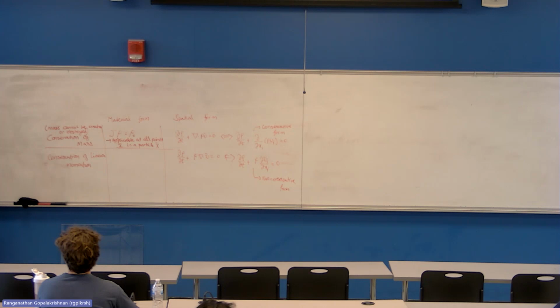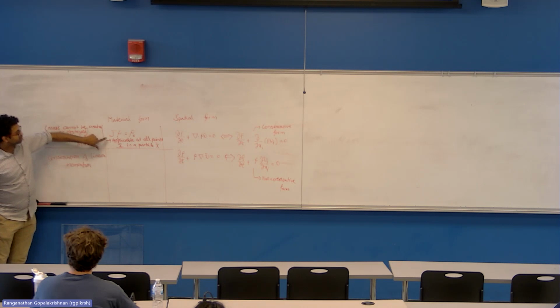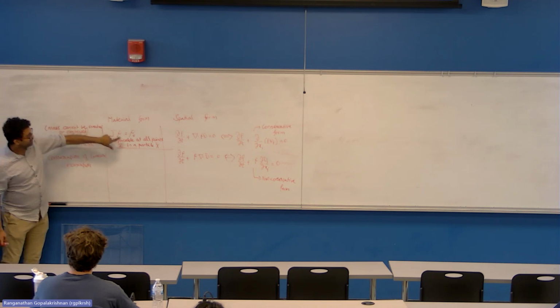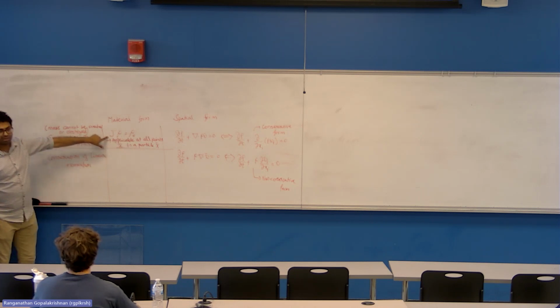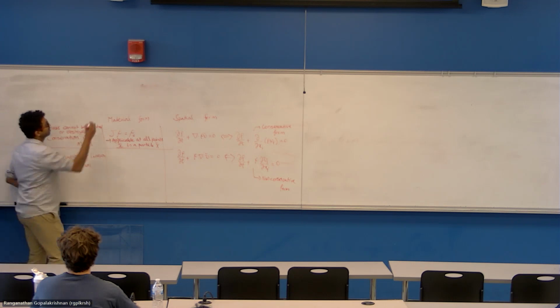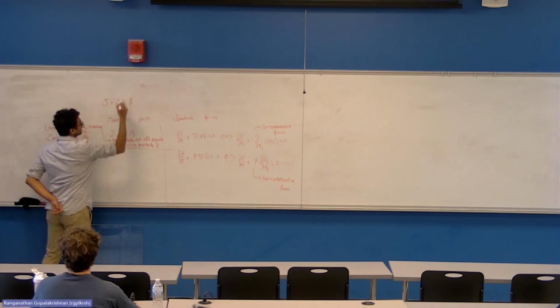So if you have a little blob, I kept giving an example of taking a blob and hammering it into a sheet. All points in that material or that sample that you are subjecting to hammering will obey this relationship where the density at any given point is related to the density of that point or that particle in the reference configuration multiplied by the J, which, if you recall, is the determinant of the deformation tensor.